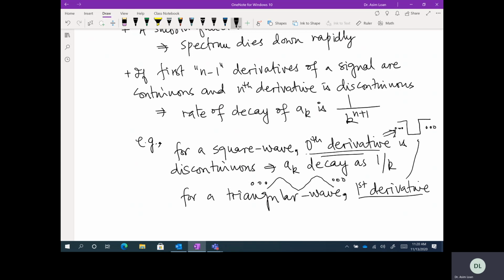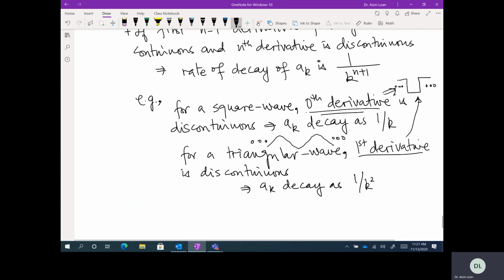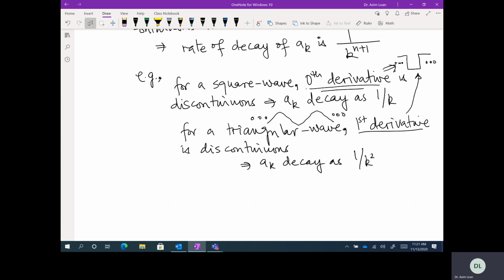So for a triangular waveform, the first derivative is discontinuous, and the triangular waveform is smoother than the square pulse. This implies a_k decays as 1 over k squared. Okay, so these are the checks, and we'll see that the Fourier coefficients of a triangle waveform die down quickly, while those of a square wave do not die down as rapidly.